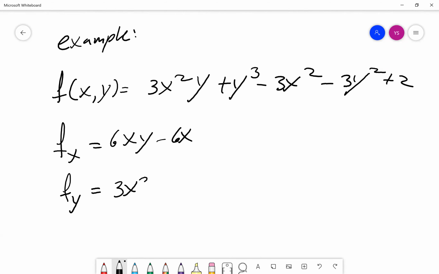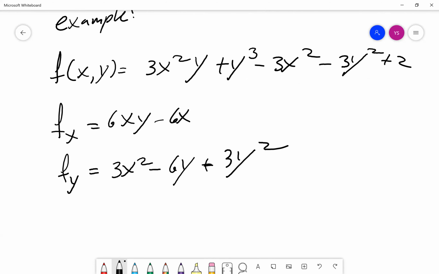That is 3x squared minus 6y plus 3y squared. Any questions about this? Yeah, I guess it's minus 6y plus 3y squared. Thanks. Any other questions?